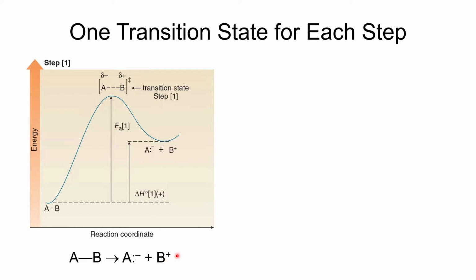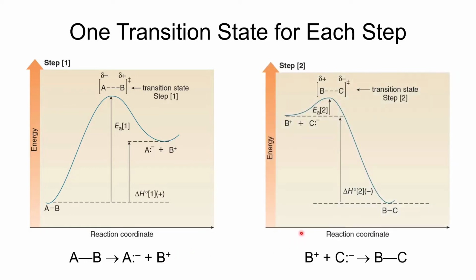Our second step, where B plus reacts with C minus, looks like this. You'll notice that B plus reacts with C minus. Both of those electrons are going to come from C, and we will form a new bond between B and C. Since this is bond formation, and bond formation is always going to be exothermic, we will have an exothermic step here.